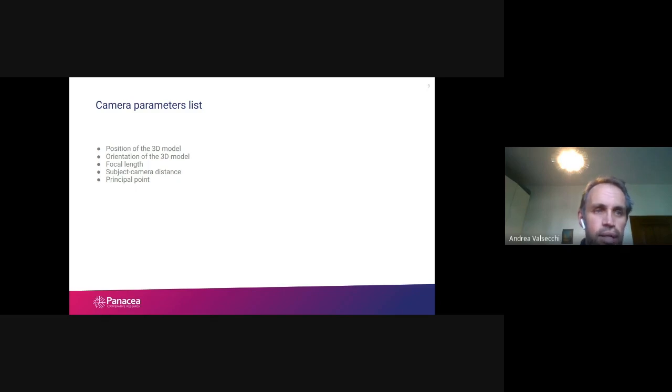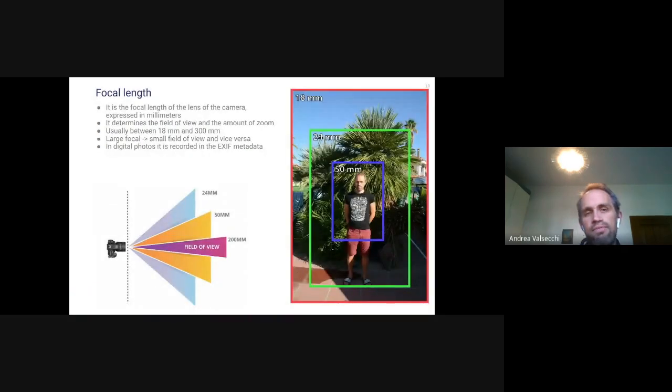Let's start with that one. Focal length is simply the focal length of the lens of the camera. If you have an expensive camera, you're probably going to see it written on the lens. It's usually expressed in millimeters, and typical values are between 18 and 300.